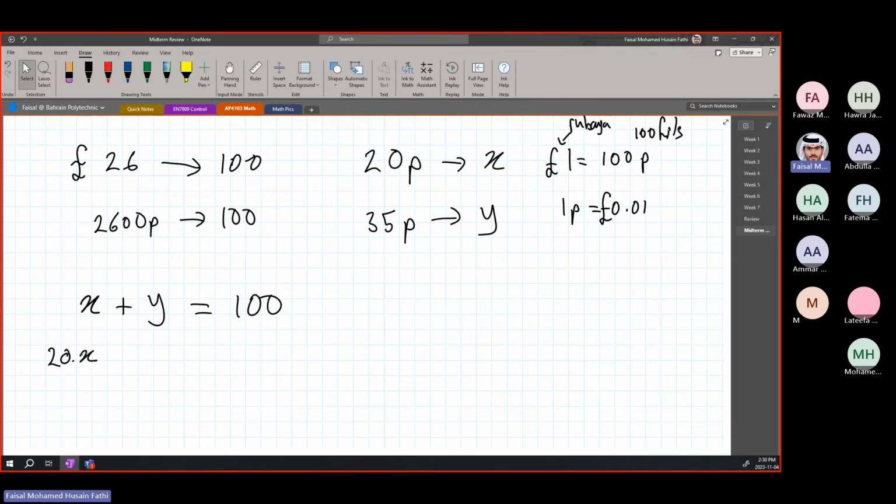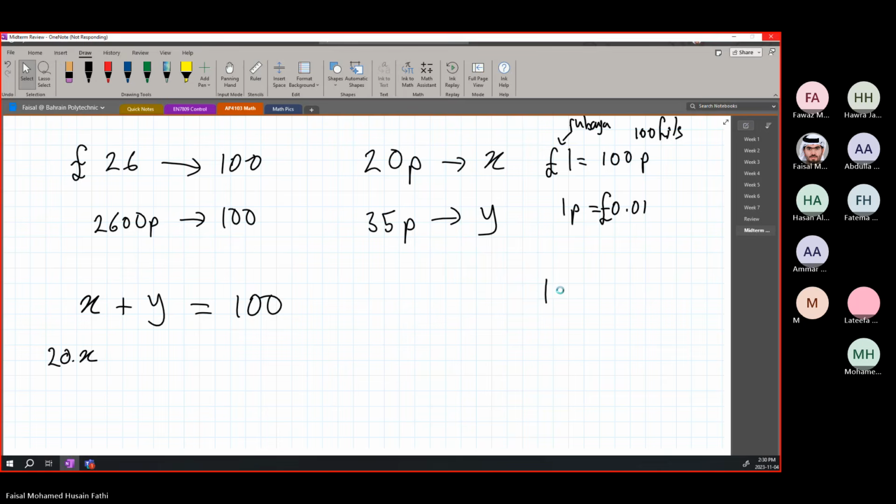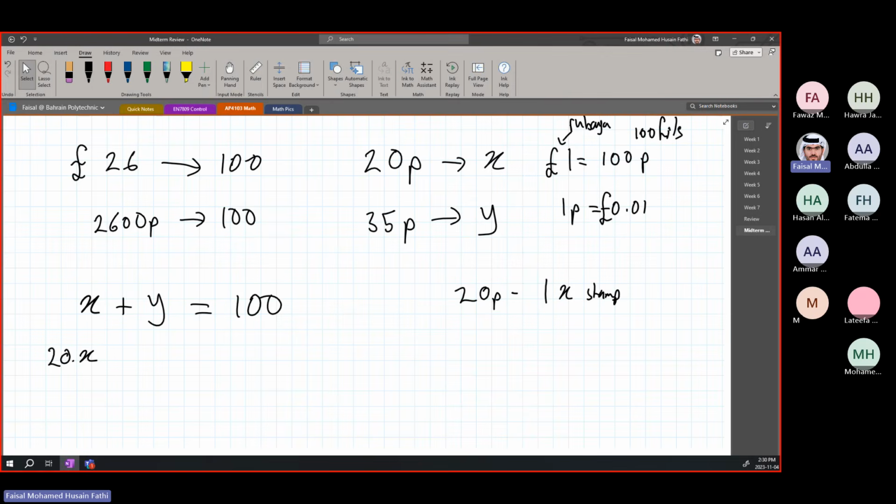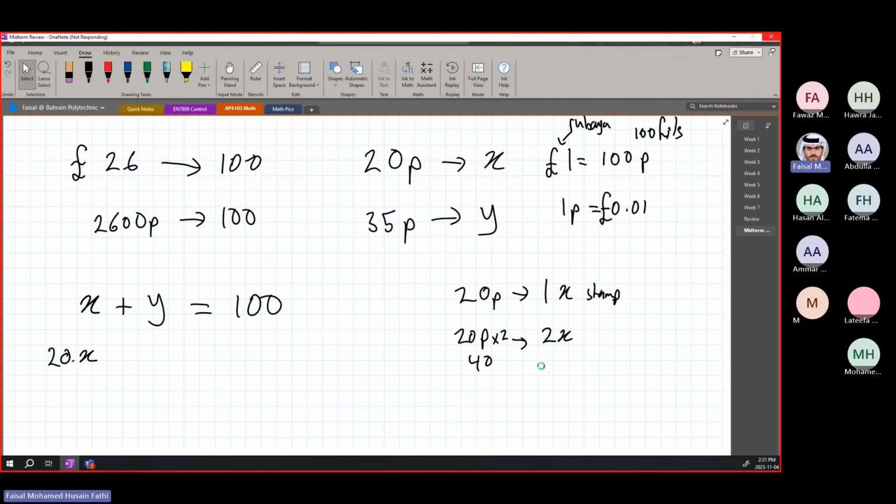If you have one stamp of X, you pay 20 pence for it. If you have two stamps of X, it's 20p times 2, which is 40p. If you have 3 stamps of X, it's 3 times 20.